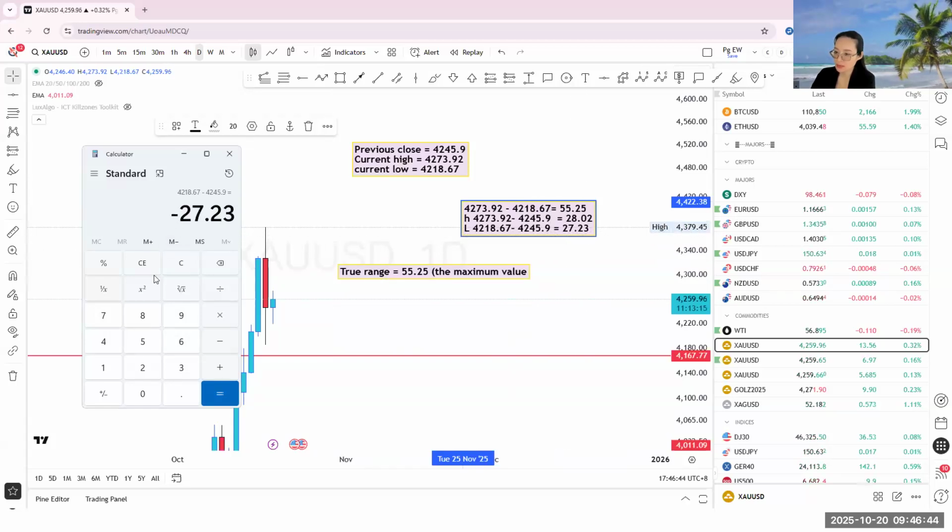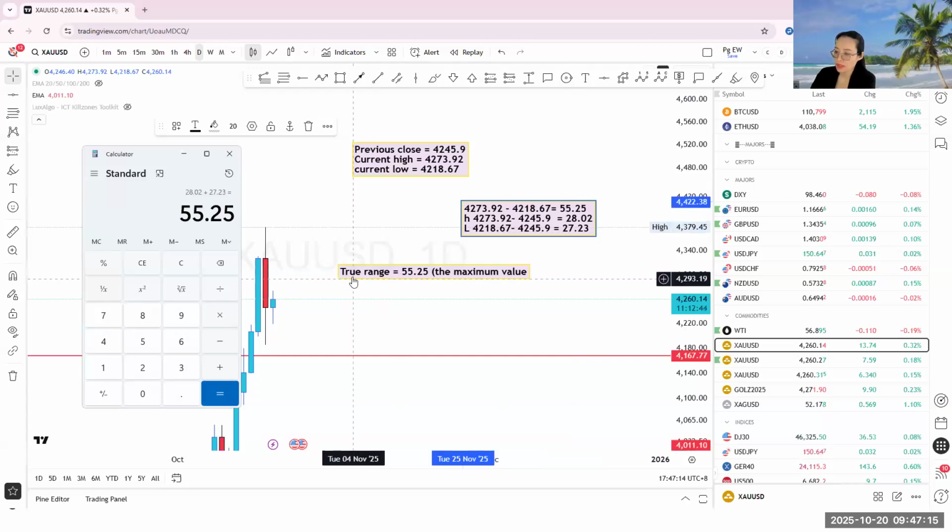So whenever you get 27.23, you just take this number, 28.02 plus 27.23 equals 55.25.